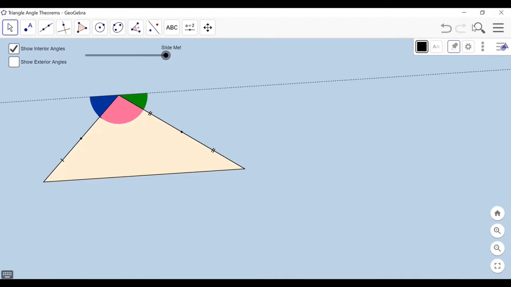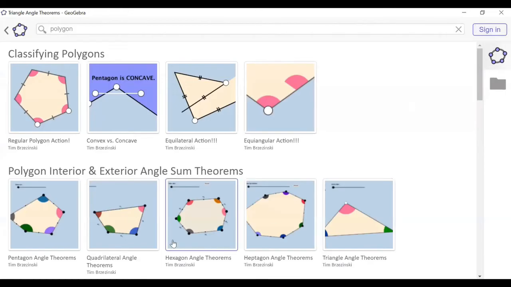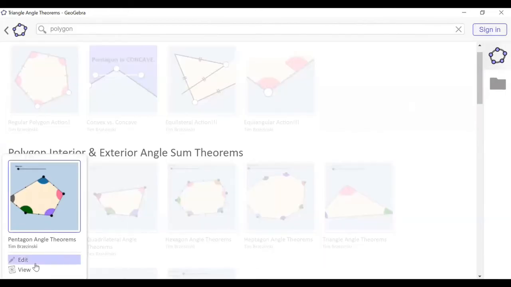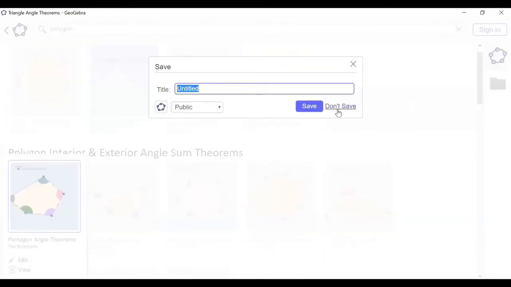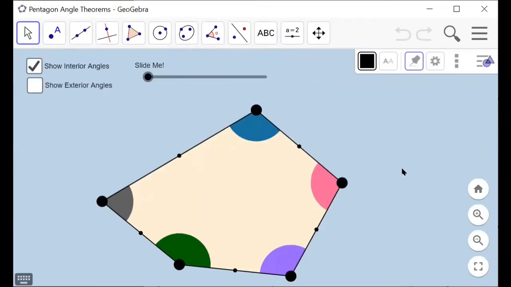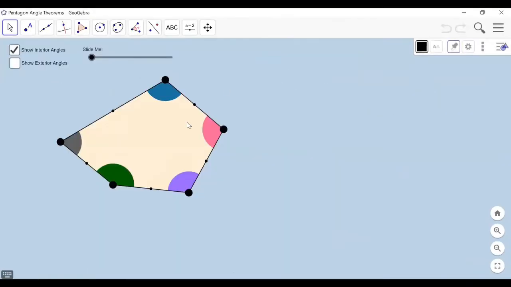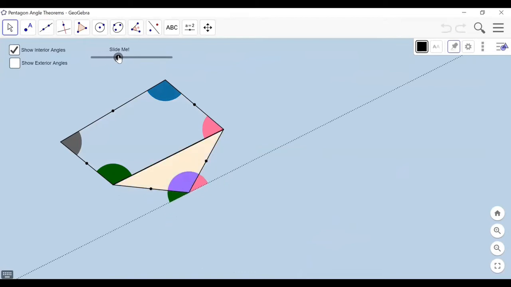Let's observe another one. If I choose pentagon, same also. This is a pentagon, there are 5 sides. Let's observe. See the angle? Now it forms one triangle here.